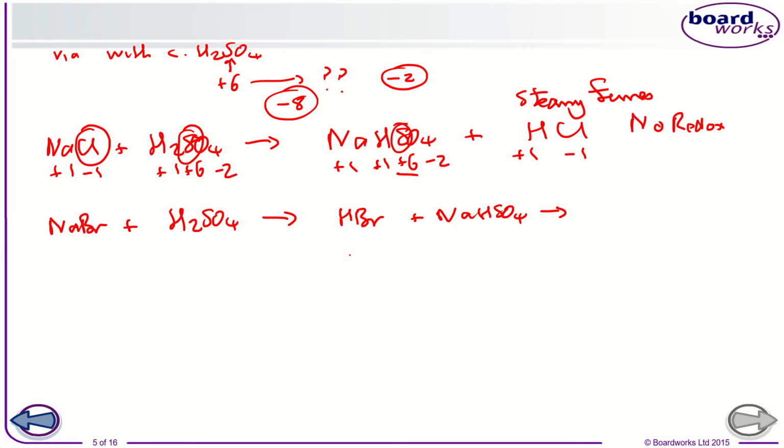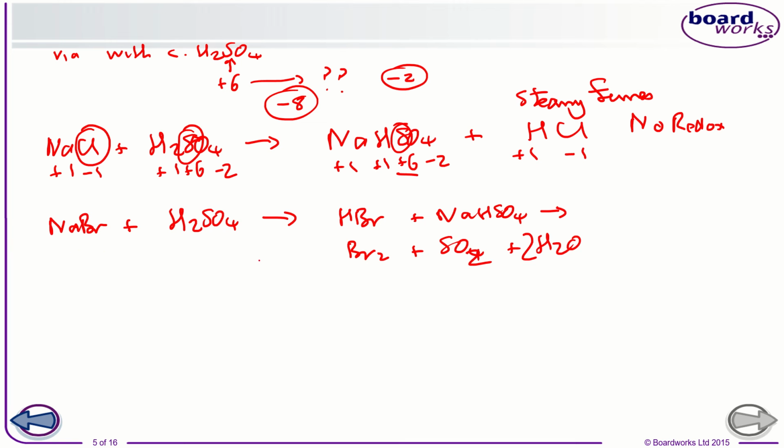And we also get some bromine produced. We will get some sulfur dioxide, SO2. We'll get some water produced, not a big deal. So all of those things end up being produced in this particular reaction.